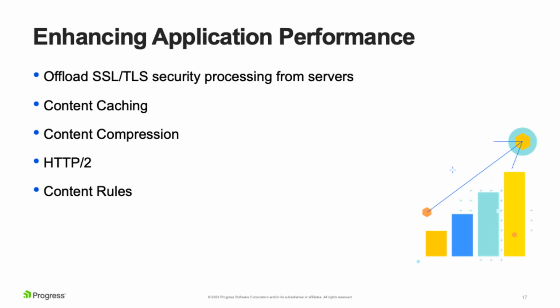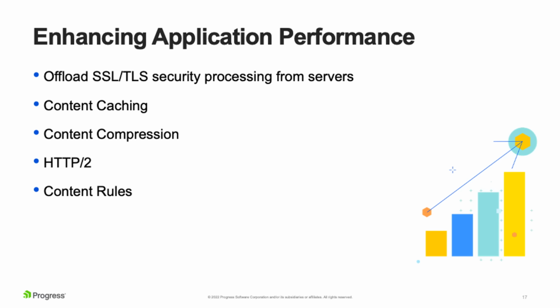Another way to enhance application performance is use of the HTTP2 protocol. HTTP2 has been around for a number of years, but it may be that certain applications don't support it.